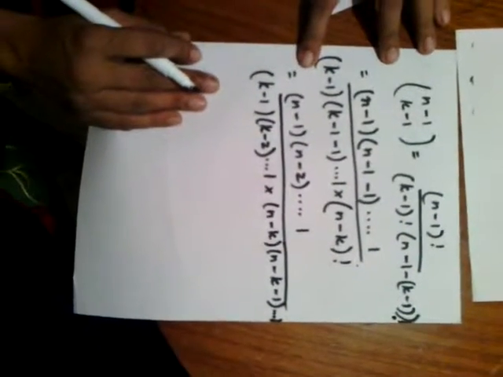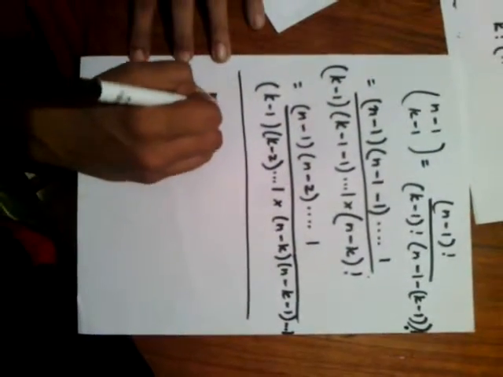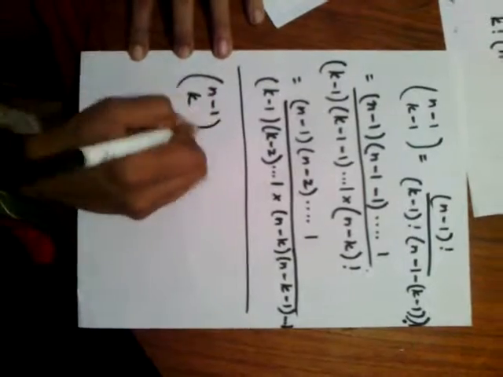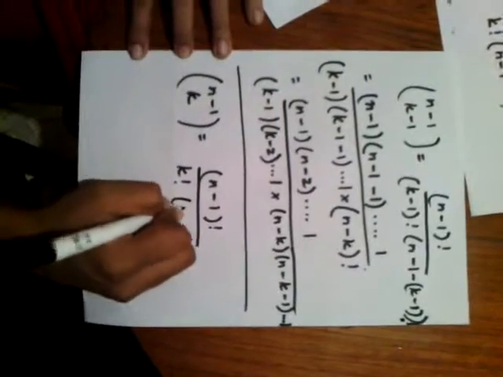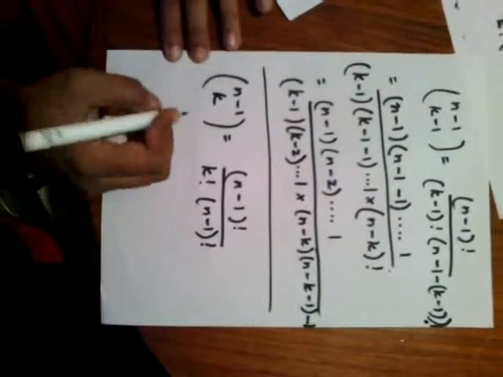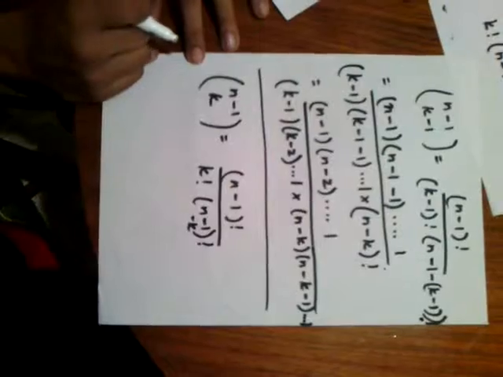But you can see that there will be some amount of cancellation, but when you join the second piece, which is n minus 1 choose k. So the first piece was this, the second piece was n minus 1 choose k, which means n minus 1 factorial divided by k factorial times n minus 1 minus k factorial.